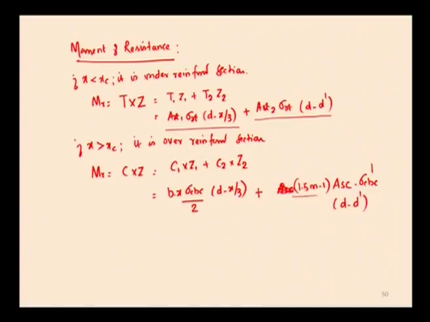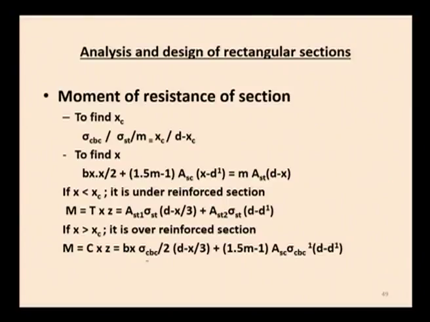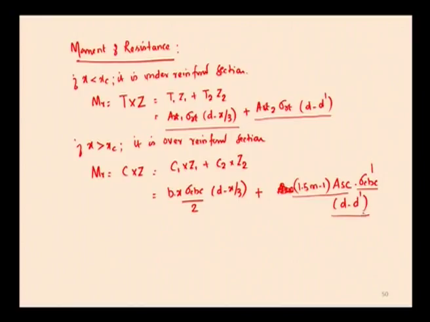This is the area, this is the corresponding stress at the level of compressive steel, and this is the lever arm for the compression steel. So, b x sigma CBC by 2 into d minus x by 3 plus 1.5 m minus 1 into ASC into sigma CBC dash into d minus d dash. This is the one we have derived.